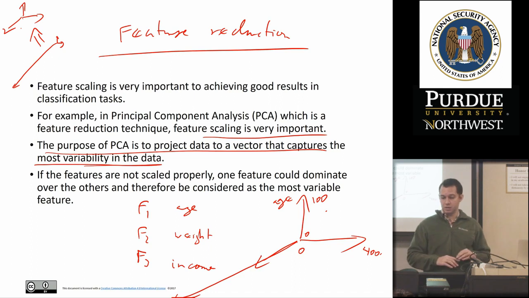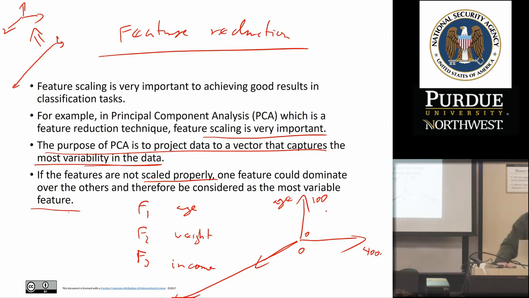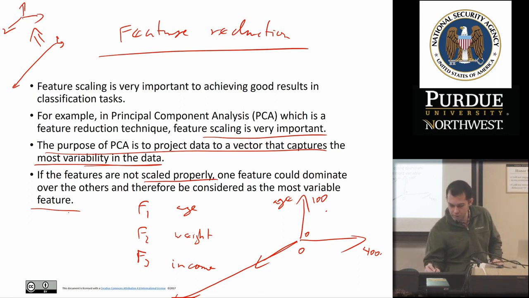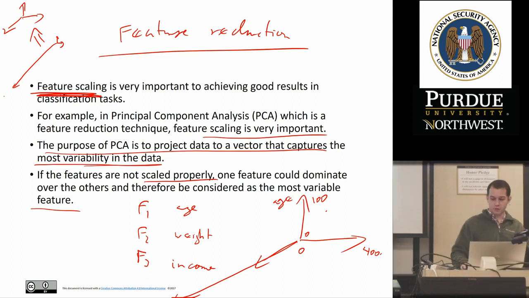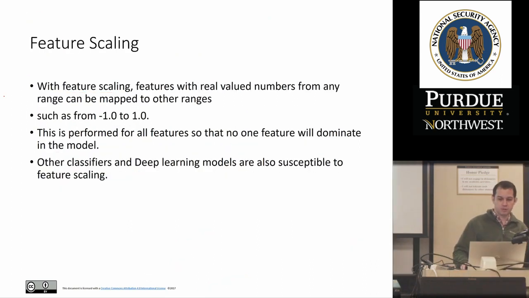So that's what feature scaling is. If the features are not scaled properly, one feature could dominate over the others and therefore be considered the most variable feature. So the practical recommendation is that feature scaling should be done for all your tasks before you do any machine learning.